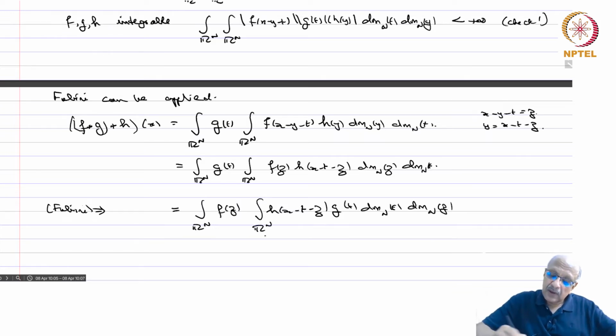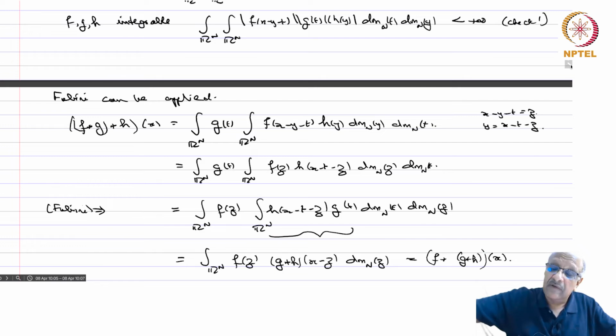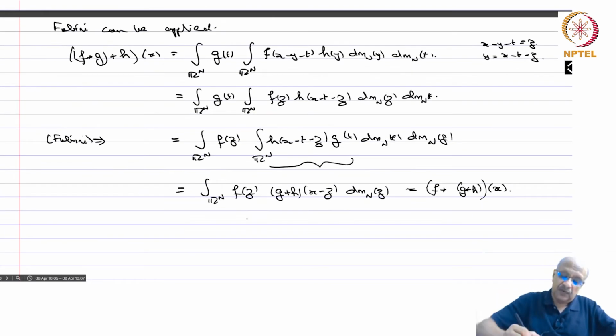Now this integral here is equal to the integral over R^n of f(z) times (g star h) at x minus z, dm_n(z), and that's now equal to f star g star h evaluated at x. Whether it is g star h star f or f star g star h, it doesn't matter because of the commutativity we already have. So that proves (b).